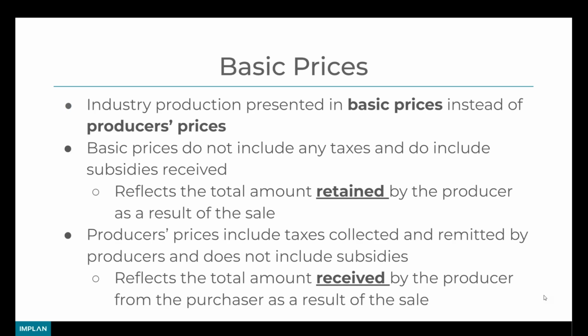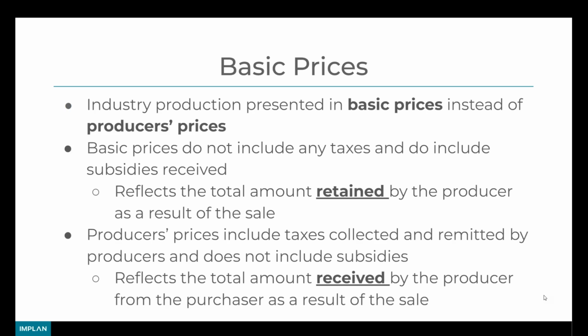Basic prices reflect the total amount retained by the producer as a result of a sale. So when valued in basic prices, the value of the sale does not include taxes like sales taxes, but it does include subsidies. In contrast, producers' prices reflect the total amount received by the producer as the result of a sale.